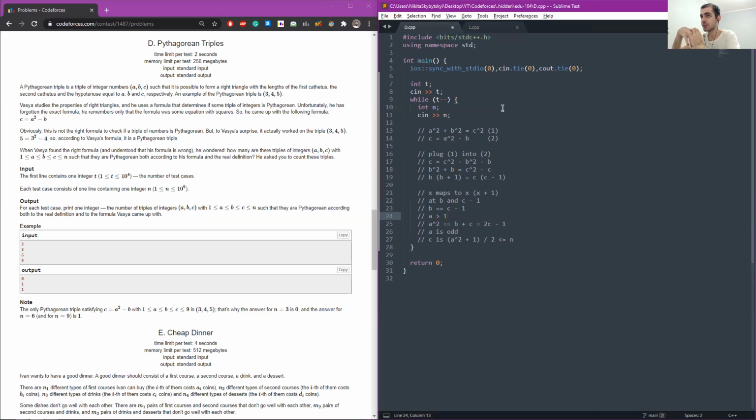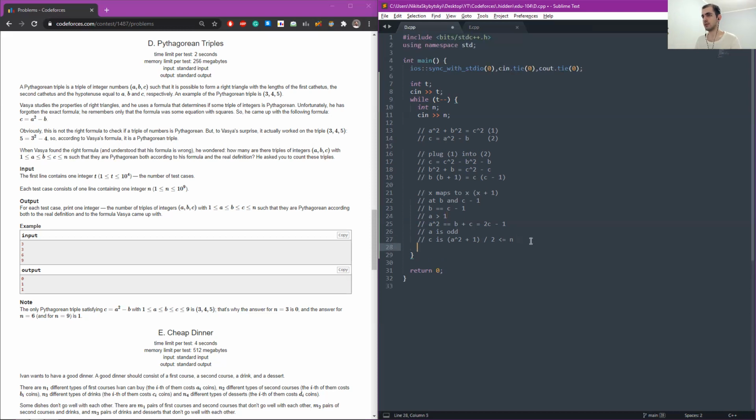From here, do we get b equals 1 and c equals 0? No, we should get c equals 1 and b equals 0. Yeah, and b can be equal to 0. So a is greater than 1, a is odd, and c should be at most n.